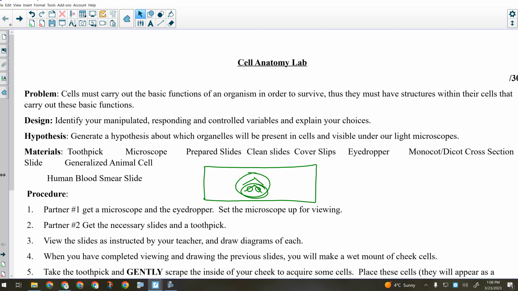In order to be fair, or controlled, we are only looking at eukaryotic cells, because only eukaryotic cells have compartmentalization.